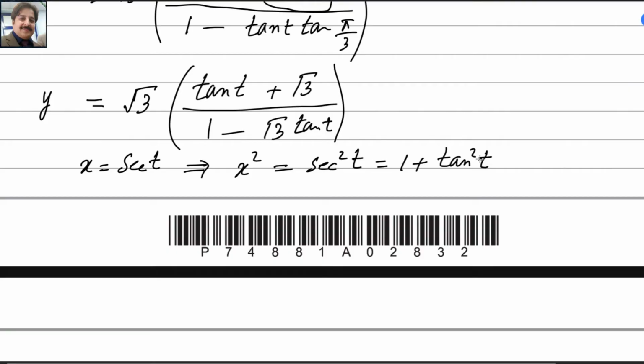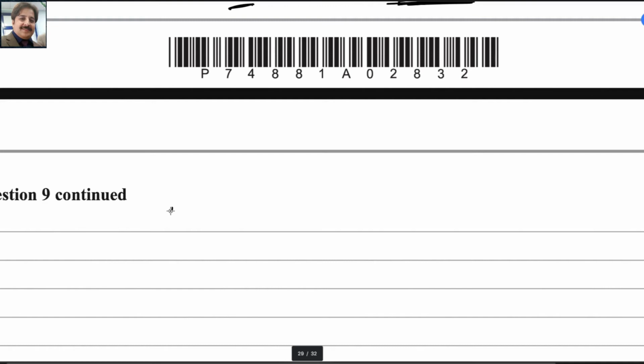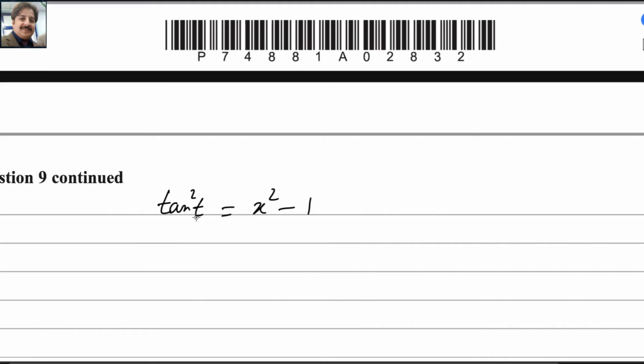So we can get the value of tan from here. 1 plus tan square t equals x square. So tan square t will be equal to x square minus 1. We can get the value of tan t from here. That will be equal to, taking the square root of both sides to get rid of this square, the square root of x square minus 1.